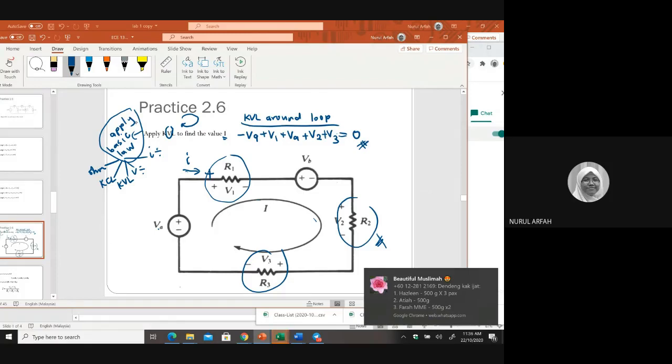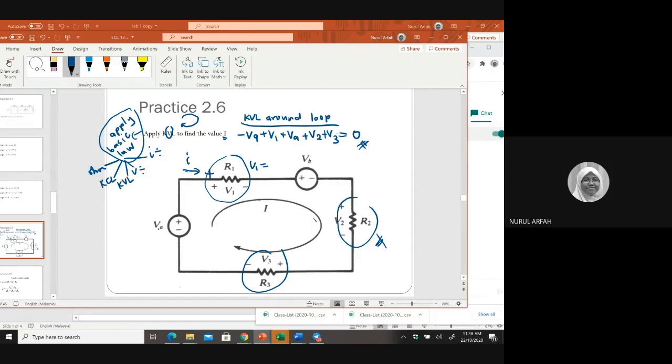So V1 is equal to positive I R1. And what about V2? Positive I R2. And also this one, V3 equal to positive I R3.